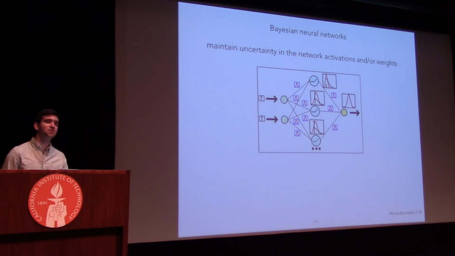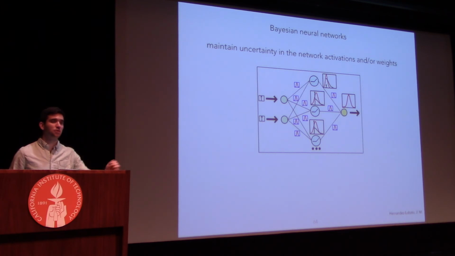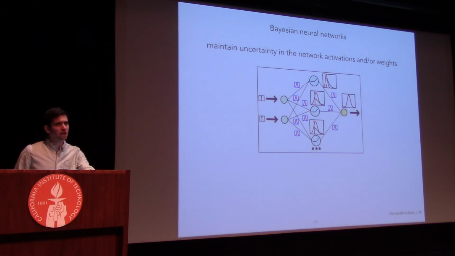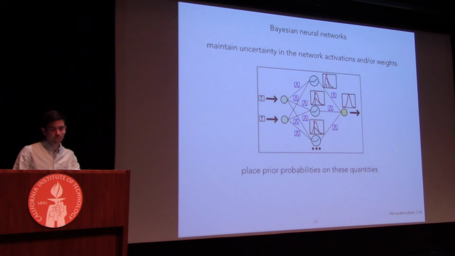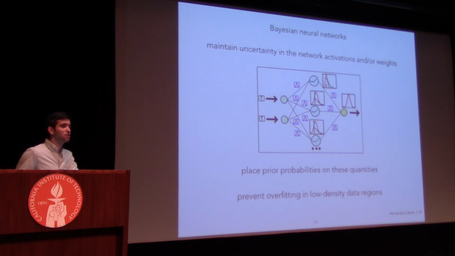Then, instead of taking whatever output the network gives for a new example, we might be able to say, I think it's this, but there's a lot of uncertainty in this parameter, or in this output value. So what we're actually doing is placing prior probabilities on these quantities, and this can help to prevent overfitting to low data regions.